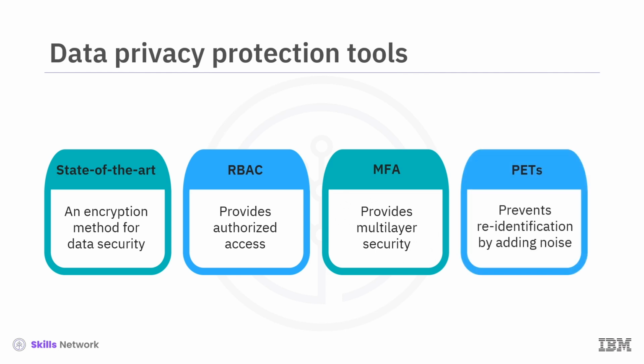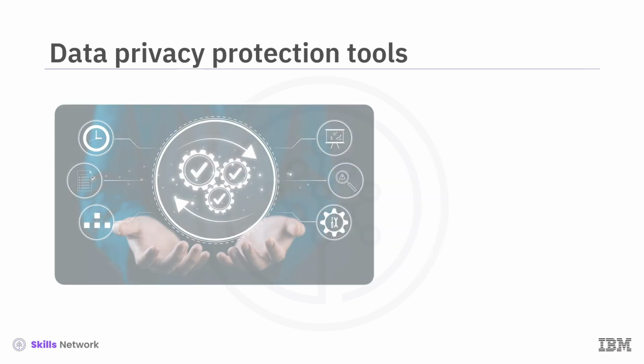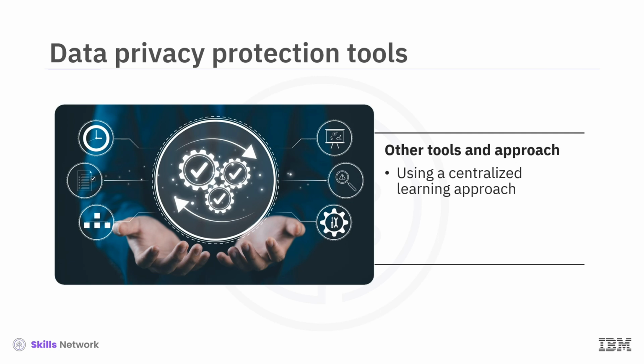Leverage privacy-enhancing technologies, or PETs, such as differential privacy, which adds noise to data to prevent individuals' re-identification. However, using centralized learning approaches allows AI models to learn from decentralized data without transferring sensitive information. Automated compliance monitoring tools regularly monitor data practices and highlight real-time non-compliance data.